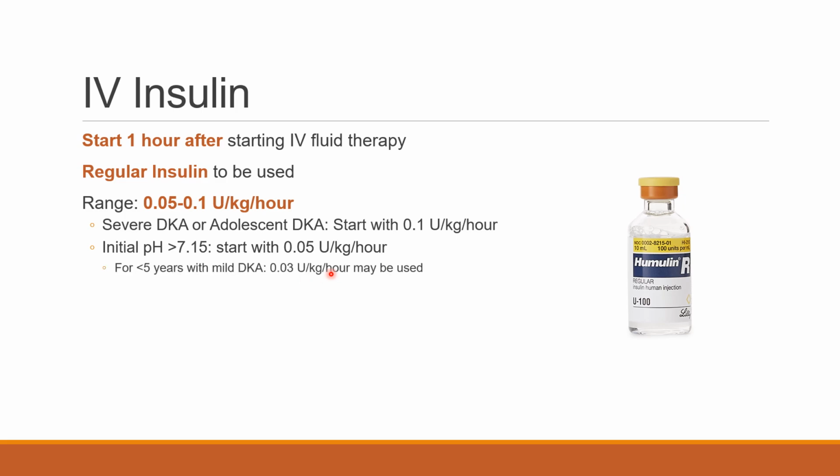A special situation is if a patient is less than 5 years old and has mild DKA, that means the pH is 7.2 to 7.29, you can start with a further lower dose of insulin, that is 0.03 unit per kg per hour. Lastly, use your clinical judgment when to use 0.05, when to use 0.1. With experience that will come.